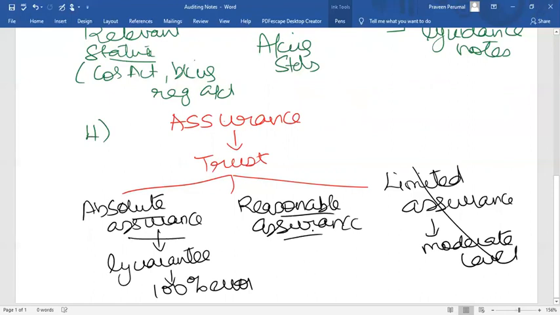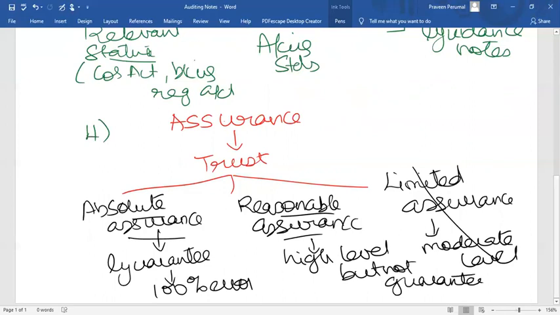Now, what is the second type of assurance you give? The second type is called reasonable assurance. What is the meaning of reasonable assurance? It is a high level of assurance, but not a guarantee. Now let us come back.